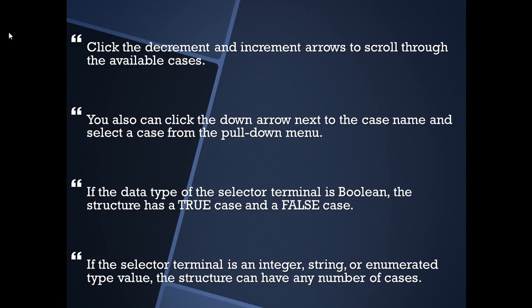You can also click on the drop down next to the case name and choose any one of the subdiagrams. Initially, a case structure has a boolean state only, with only a true or false case, where we can give the value that will execute in the true and false statement, which I will explain later.